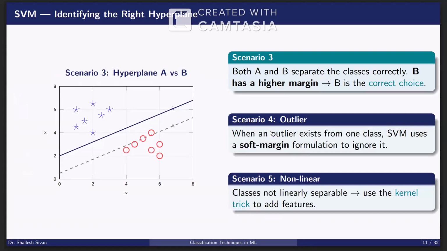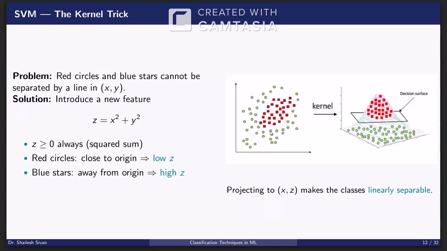Okay, and what happens if the data is non-linear? See, if this is non-linear data, right? Or I can explain it in a more understandable way.